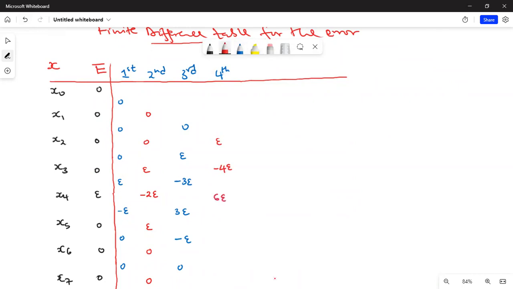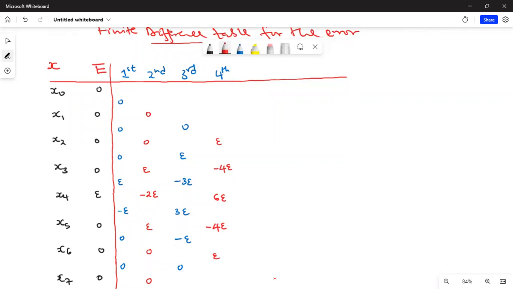Here we will get negative 4 epsilon. And here we'll get epsilon. We could go all the way up to the fifth order, sixth, etc. But I want us to see how the error spreads.